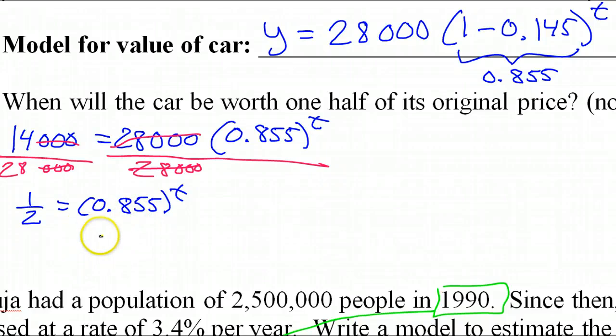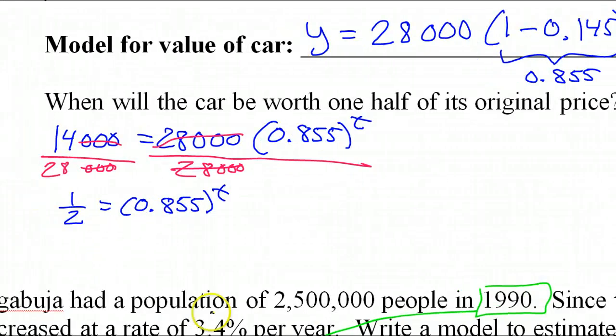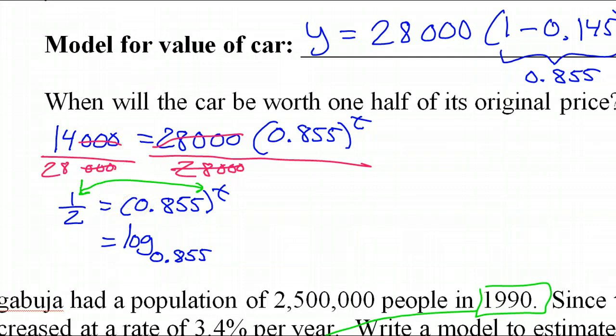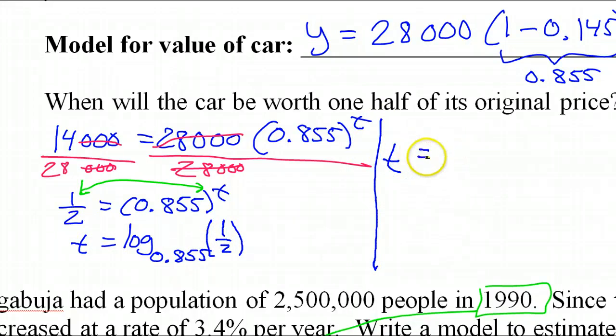So starting with the base over here, what we have is log base 0.855, and the 1/2 and the t, those are going to change sides. So I'm going to have t over here and the 1/2 over here. So this is going to give me the answer. Of course, I need to do change of base.